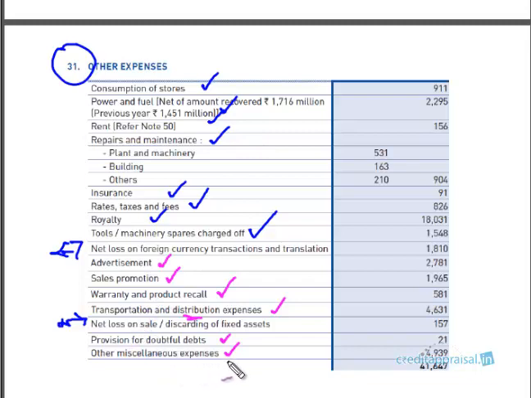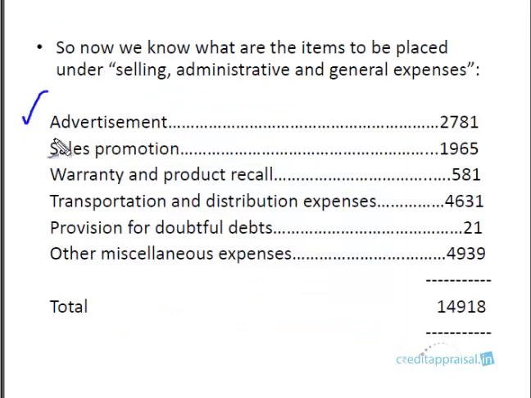So this is a selling general expense. So these items: advertisement, sales promotion, warranty product recall, transportation and distribution expenses, provision for doubtful debts, and other miscellaneous expenses, we will put under selling general expenses.